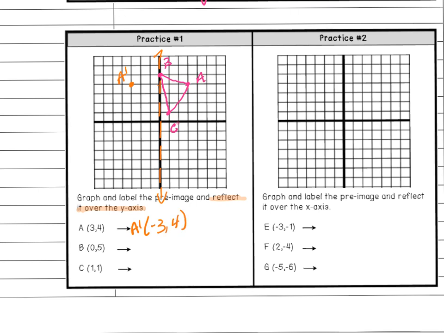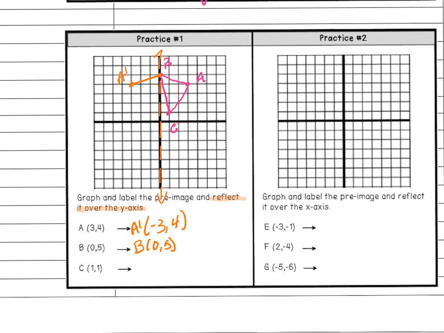Great. And B is on my mirror, so it's not going to change. B goes to B. It stays in the same spot. So why I name A and A prime different is because they're in different spots. But B is in the exact same spot, so it doesn't get a new name. It only gets a new name if it changes spots.